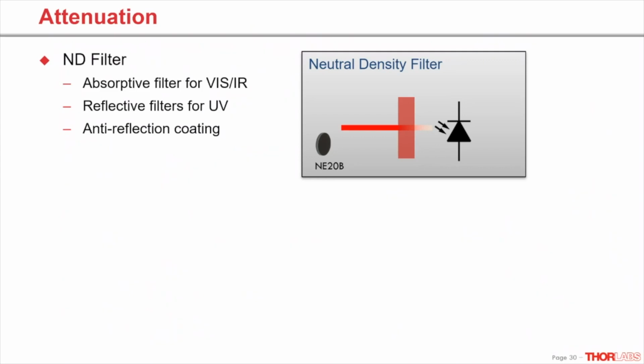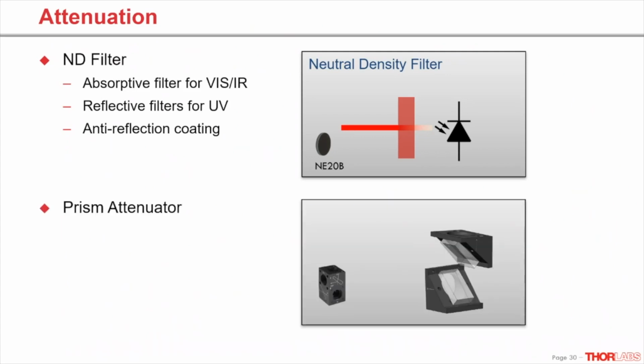ND filters in general are limited to a certain power density that will destroy the coating or melt the filter glass. Therefore, there is a very effective way to attenuate higher power laser beams, built upon 2 wedged glass blocks that reflect portions of the beam.